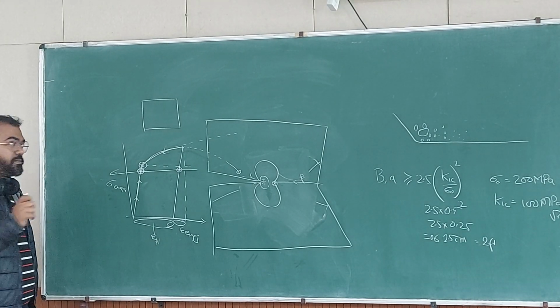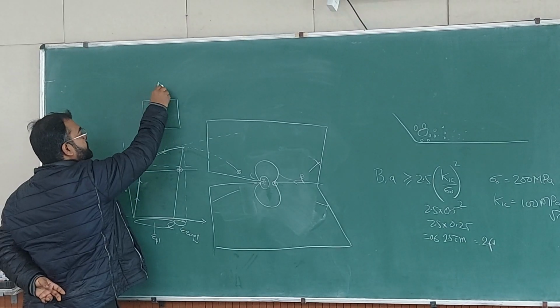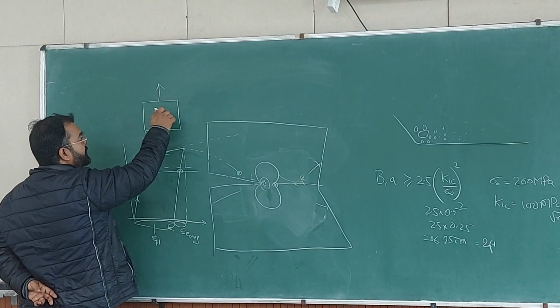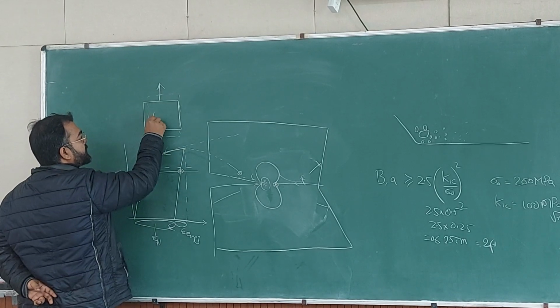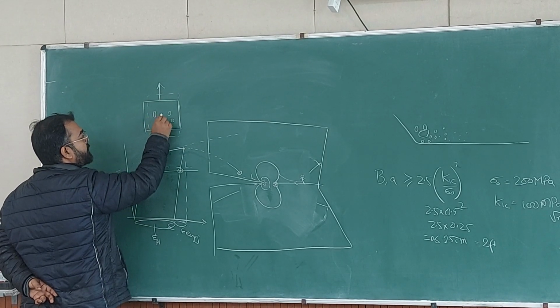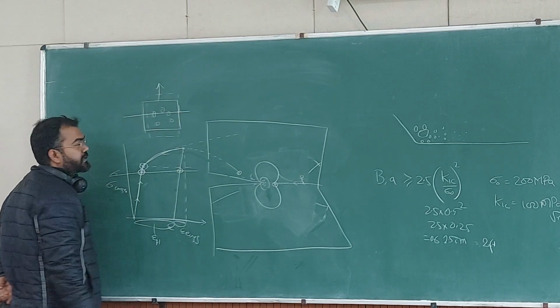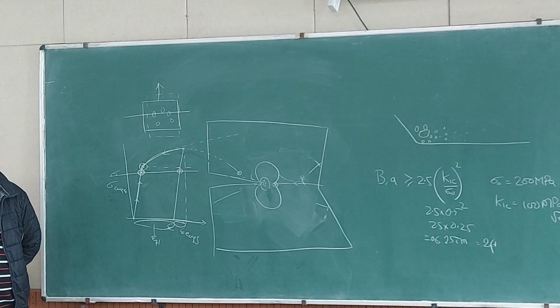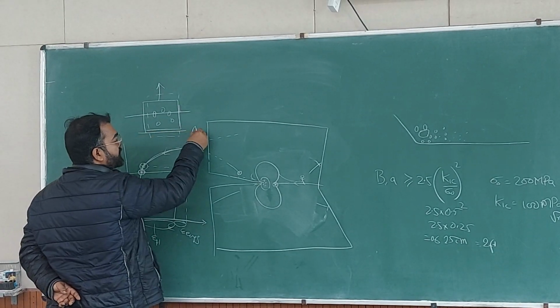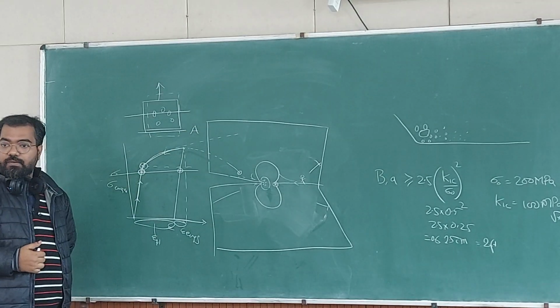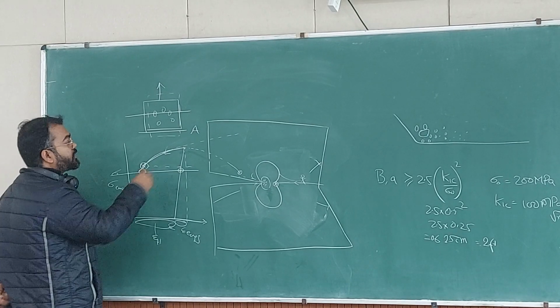It's a very small volume, and then you apply stress on it. So it elastically deforms, and then it deforms plastically, and then there is damage. So you have voids in it, and then you cut along a section. Initially, when there was no deformation, you had an area A. Let us call it A0.